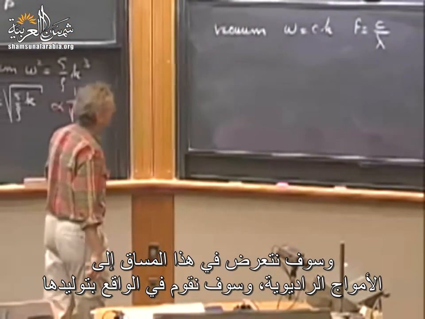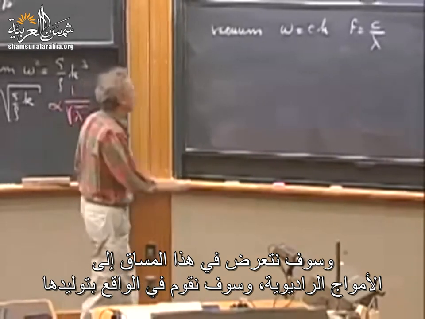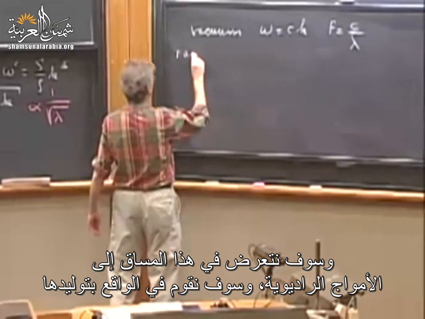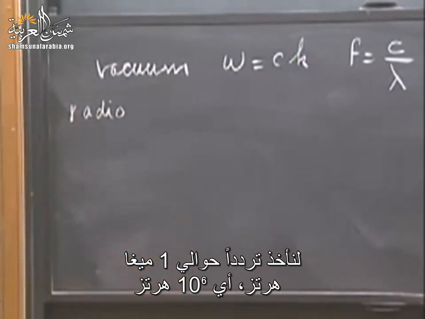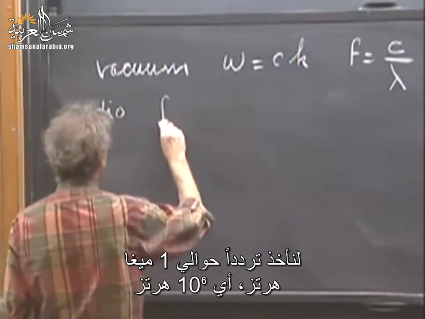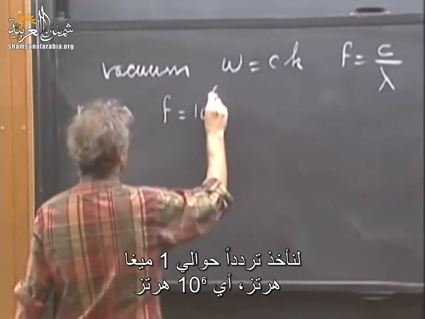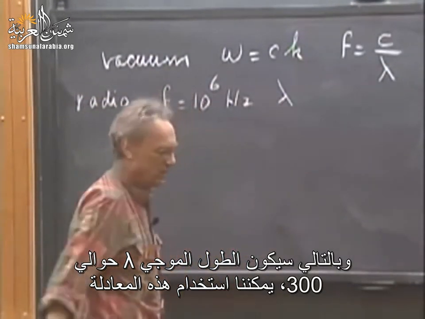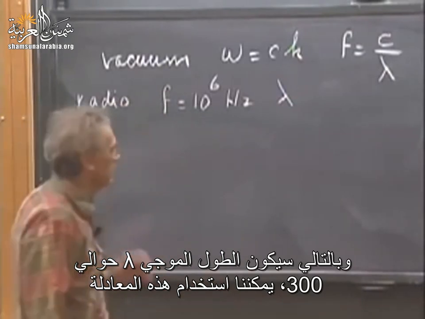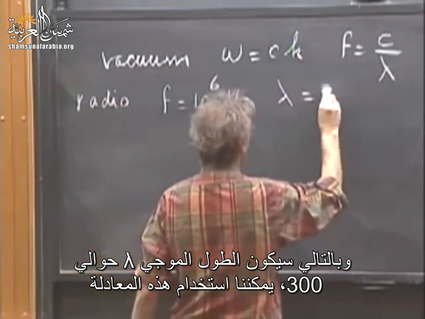And so we will encounter in 803 radio waves, and we will actually produce them. Let's say we take a frequency of about 1 megahertz, 10 to the 6 hertz. That would give you a wavelength of about 300 meters. You can use this equation.